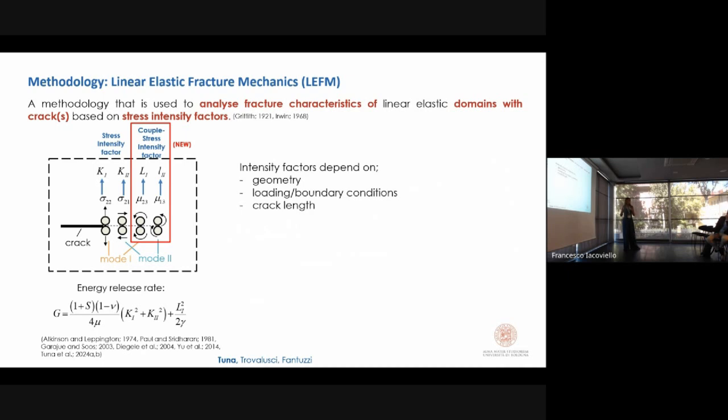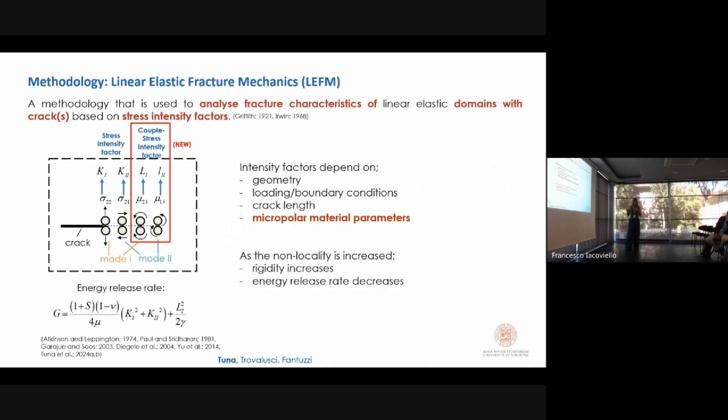Also, all the intensity factors are dependent on the micropolar material parameters. And what is interesting is, as the non-locality of the structure is increased, the deformability and energy release rate decrease, which means that you need to apply more load to initiate the crack propagation. These are all known facts in the literature.